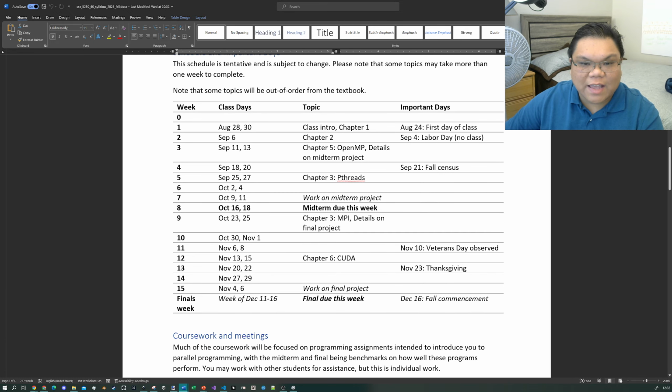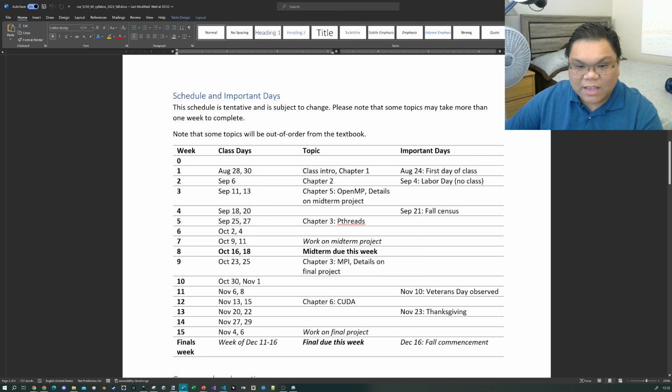So here's a tentative schedule of what is to happen for the entire course. The first day of class was actually August 24th, but that was a Thursday, so there was no Monday, Wednesday classes on that week. So for our purposes, I'm gonna call that week 0.